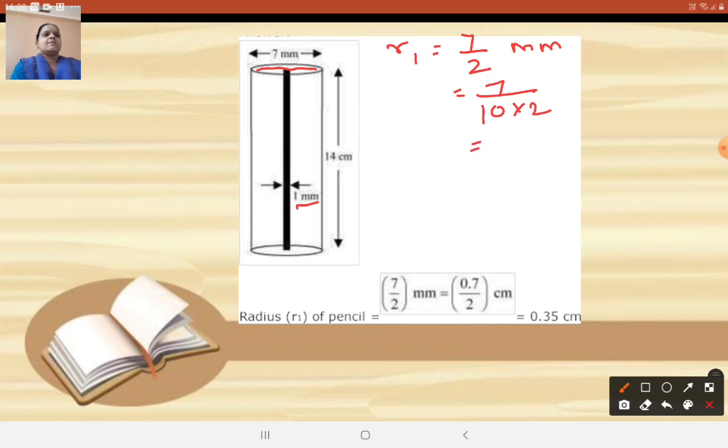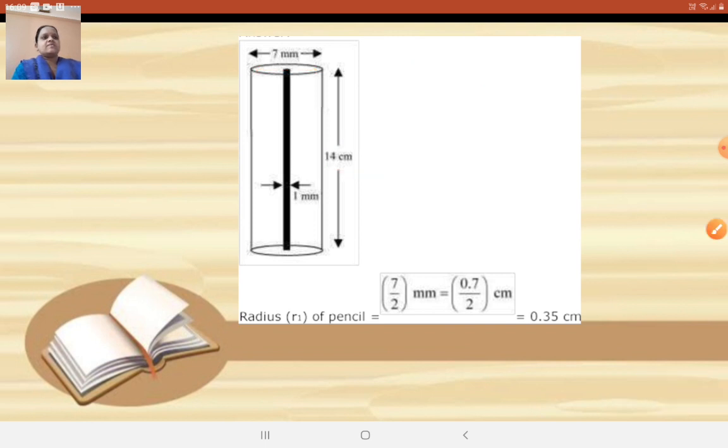So it will become 7 by 2 is 3.5 upon 10, so it will become 0.35 centimeter. So we got r1, the radius of the pencil, as 0.35 centimeter. We are converting into centimeter because our height is given in centimeter. So we will continue with the next part of the solution.